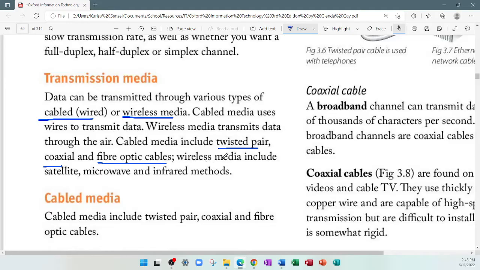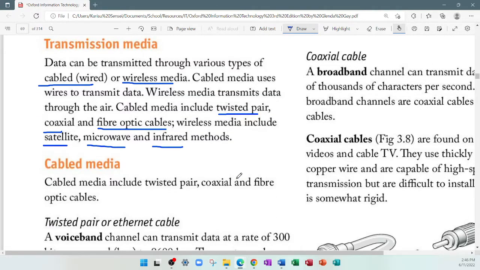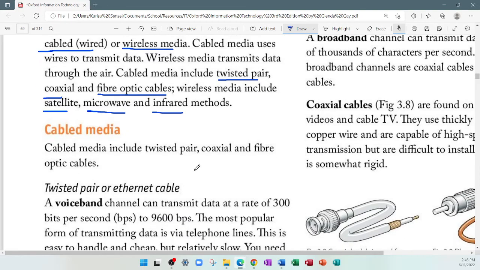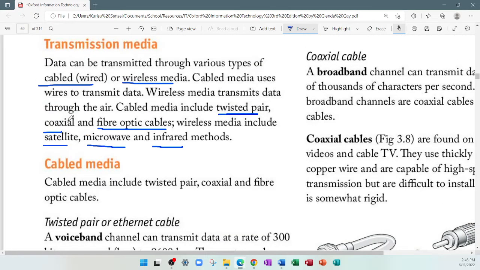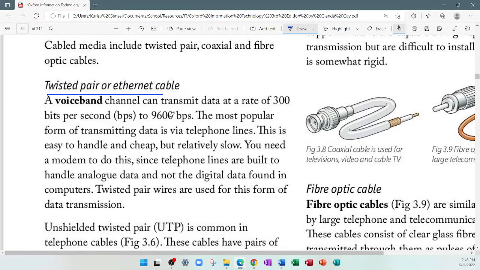For the wireless, we have satellite, microwave, infrared. Now these are just a few examples, and there are more out there, but these are just the popular ones that we'll focus on. So for the cabled transmission media, we have the twisted pair or the Ethernet cable.